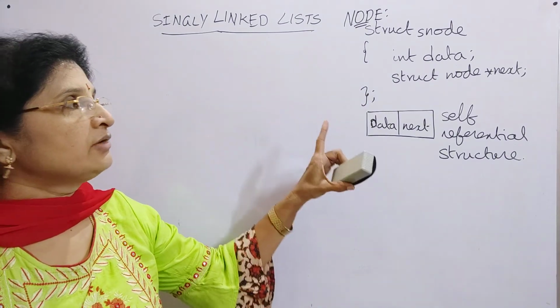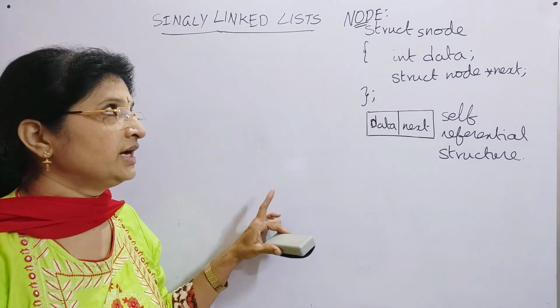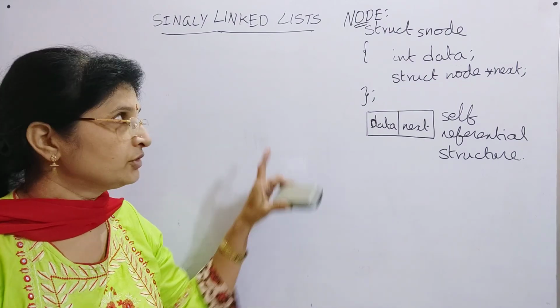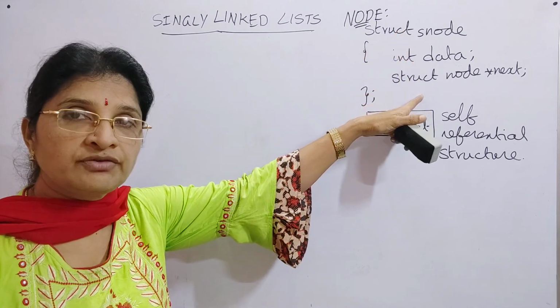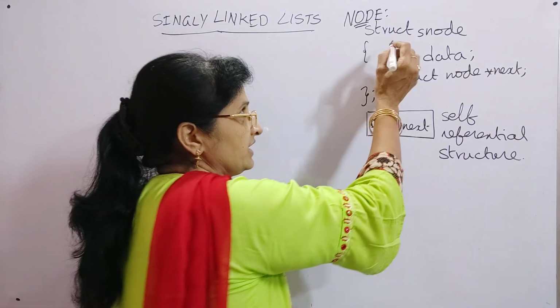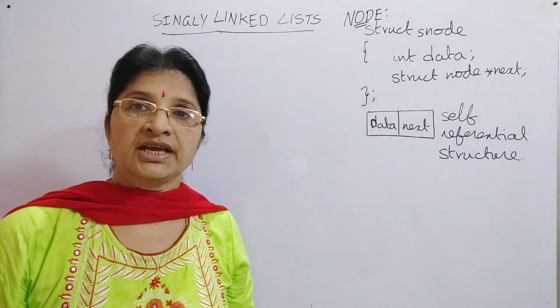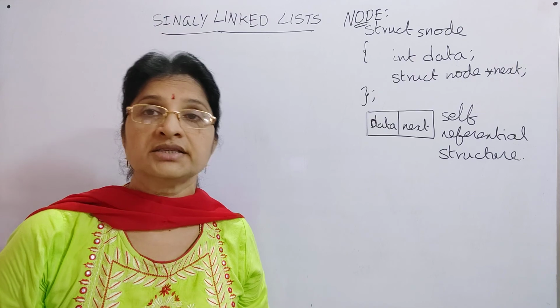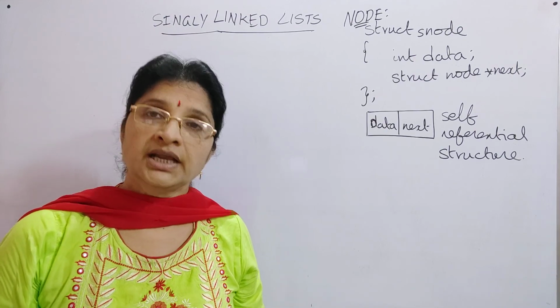Whenever you declare a structure variable, what is the data type of this variable? The structure variable data type is struct S node, because struct S node is a user defined data type that is being created for the singly linked list.